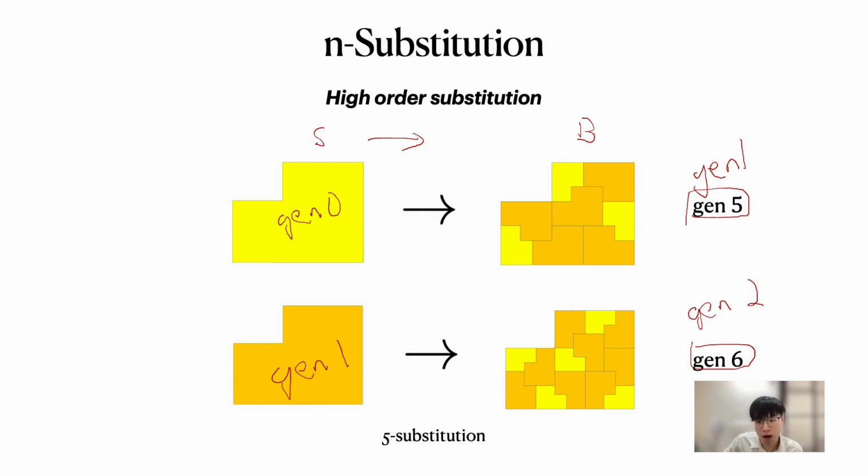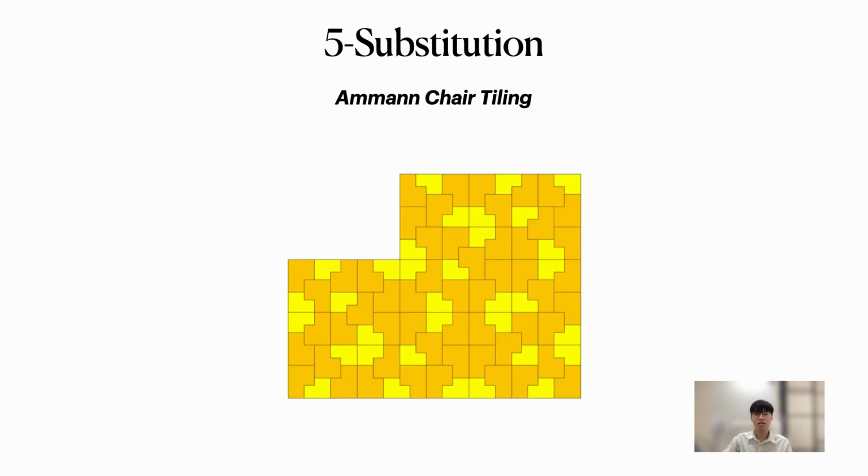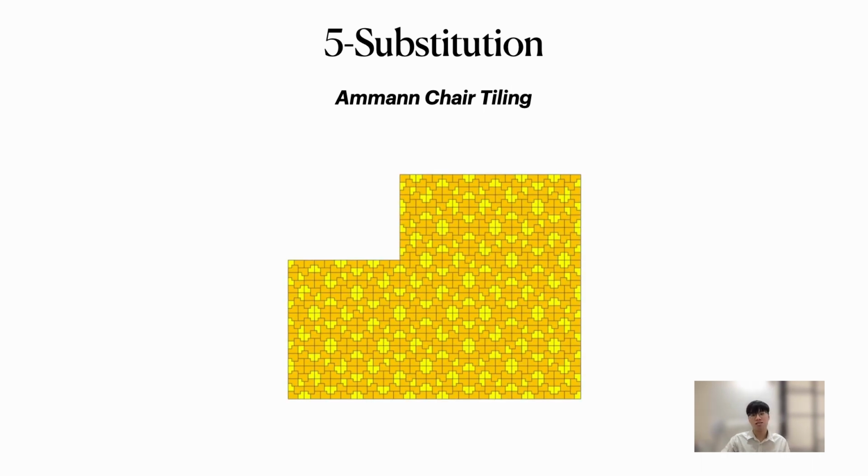But we should expect that in the end, when we go to infinity, the structure is going to be the same, because we are just speeding it up, but we didn't change anything. And here is the result. It's jumping much faster. You can see the tiles are getting smaller at a faster speed.